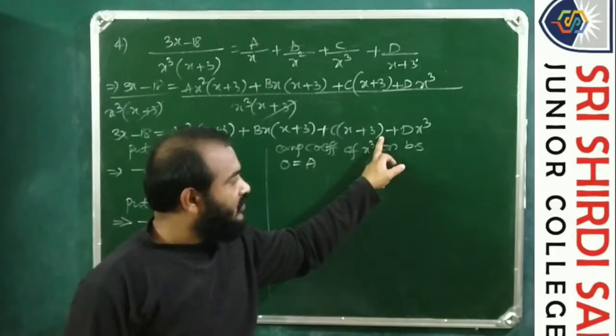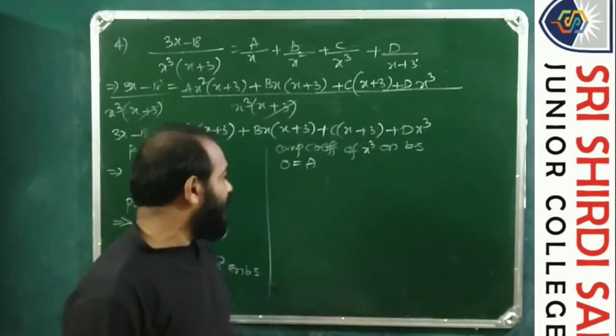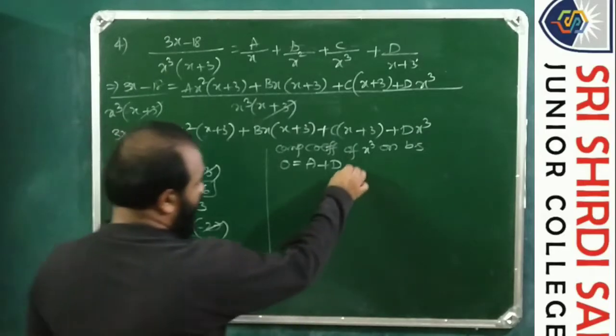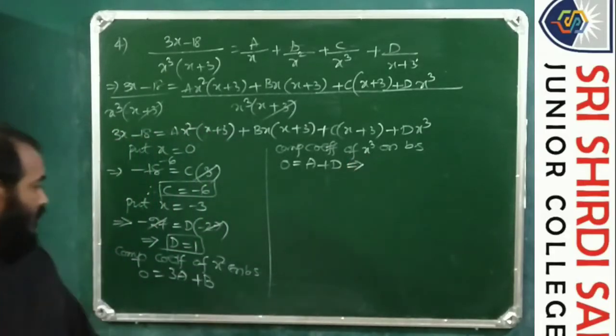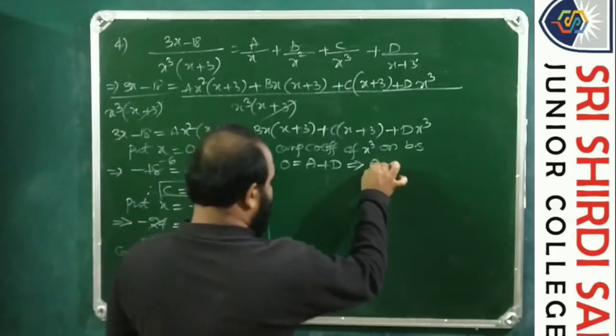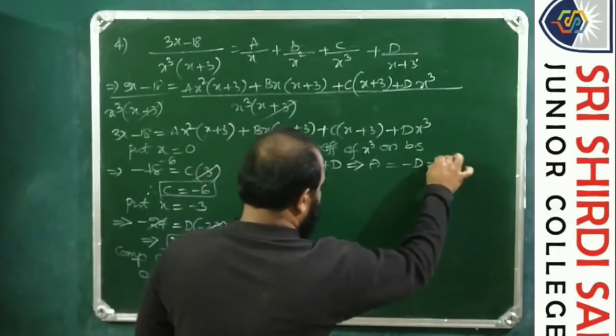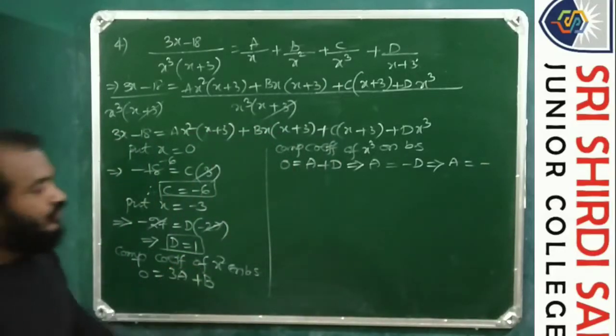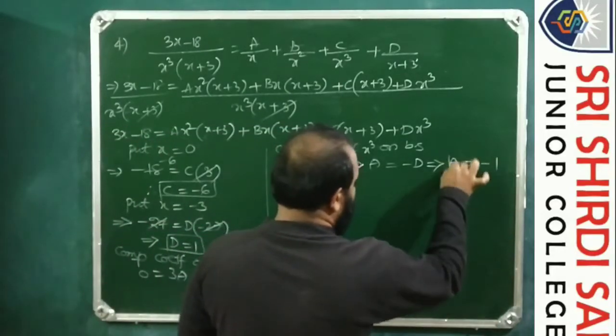Here x and constants are there. X cube coefficient is b, last term. So a plus d. From this, a plus d equals to 0. From this, a is equal to minus d. So a is equal to minus, d value is 1. So a is equal to minus 1 we get here.